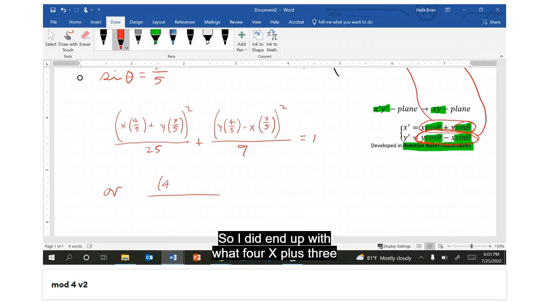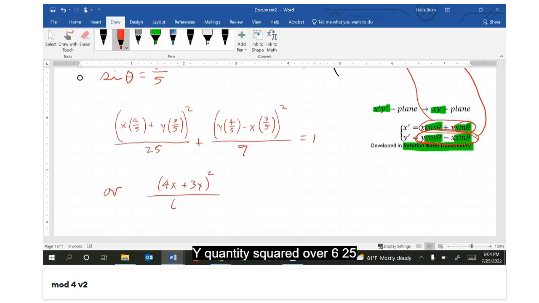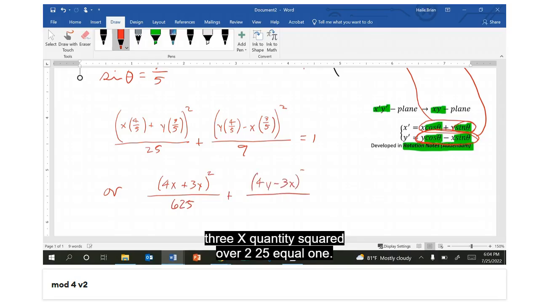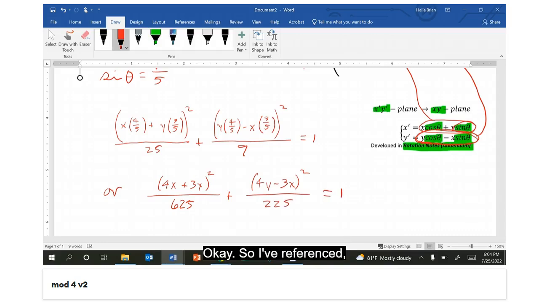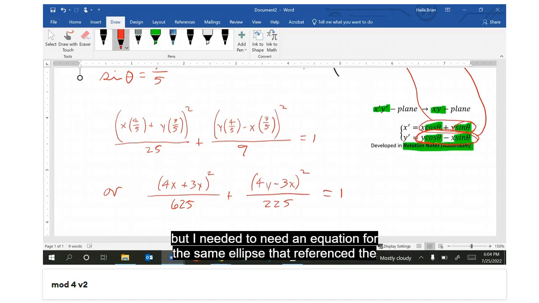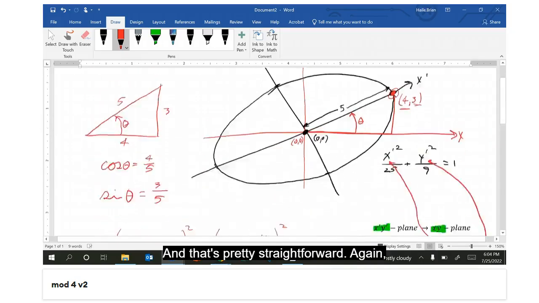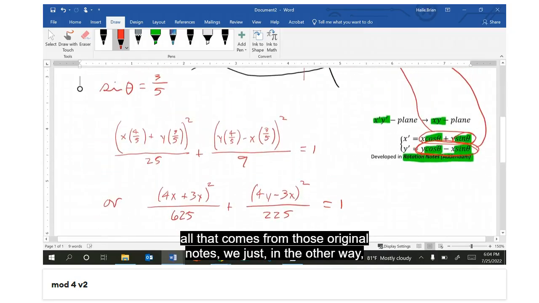So I'd end up with 4x plus 3y quantity squared over 625 plus 4y minus 3x quantity squared over 225 equal 1. So I got an uglier equation, but I needed an equation for the same ellipse that referenced the xy plane or the xy axis, and that's what I did. And that's pretty straightforward. Again, all that comes from those original notes. We just go in the other way.